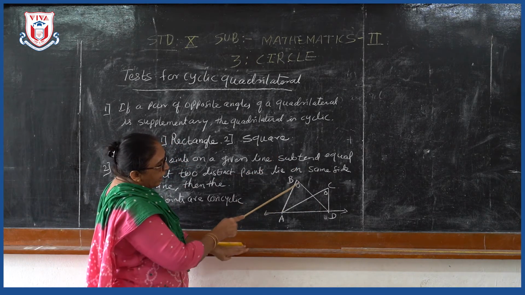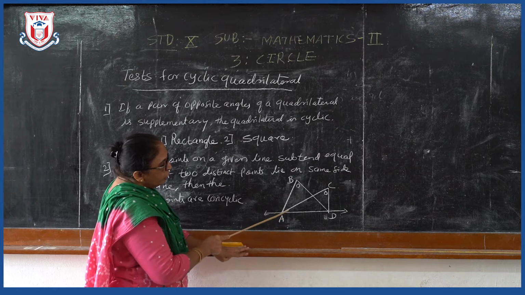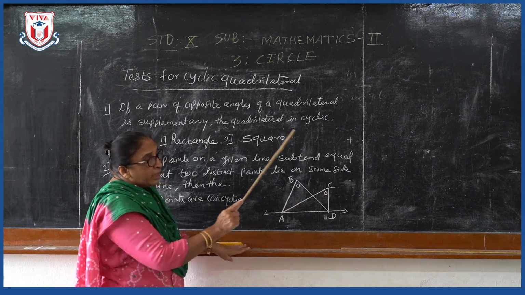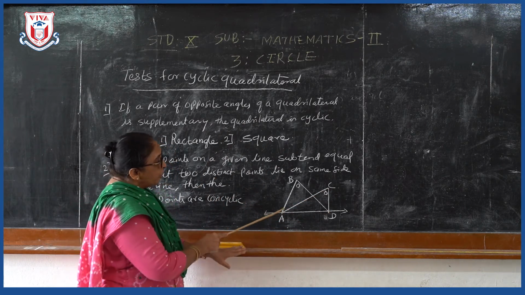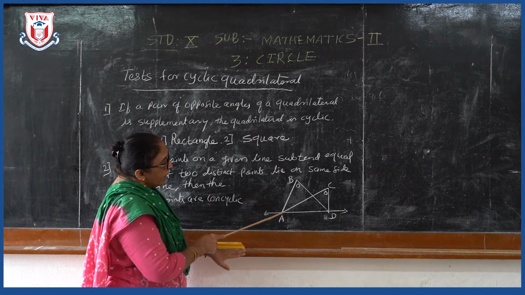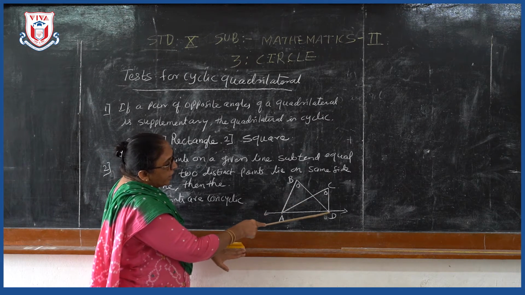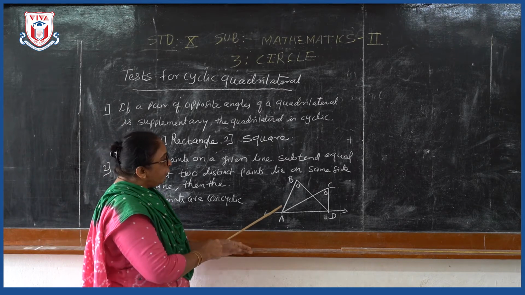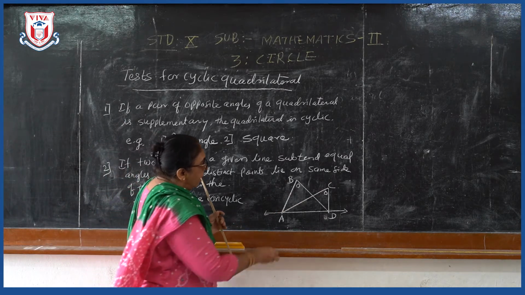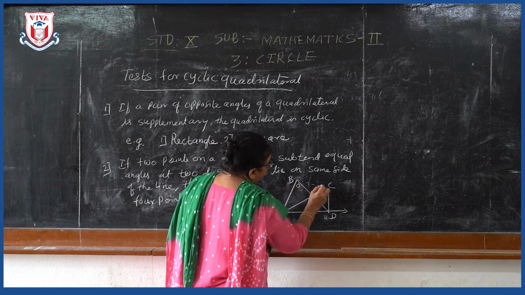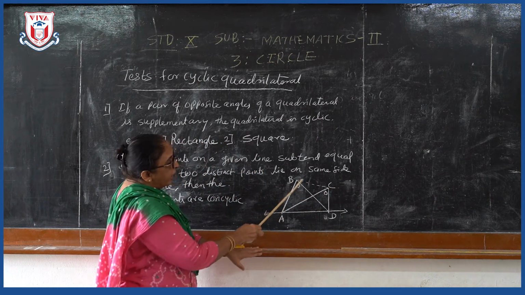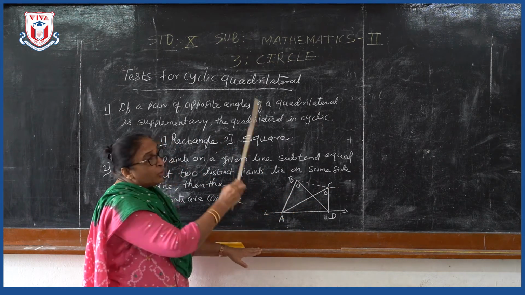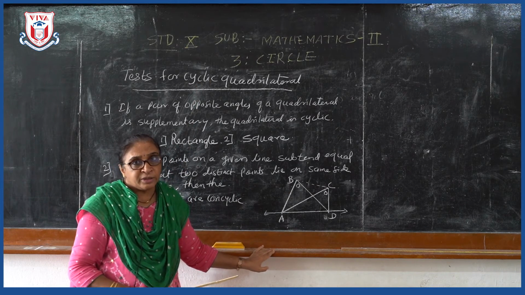That means angle ABD is congruent to angle ACD. Then we can prove that A, B, C and D, all these 4 points are concyclic, and if we draw the quadrilateral ABCD, then it is always a cyclic quadrilateral.